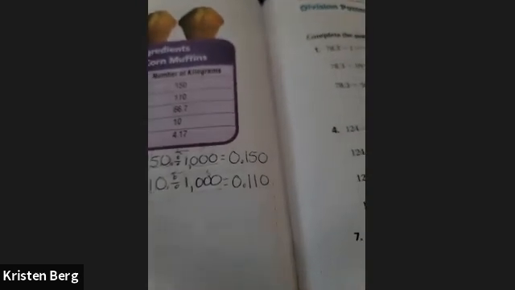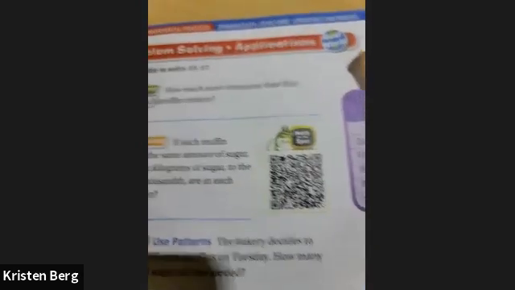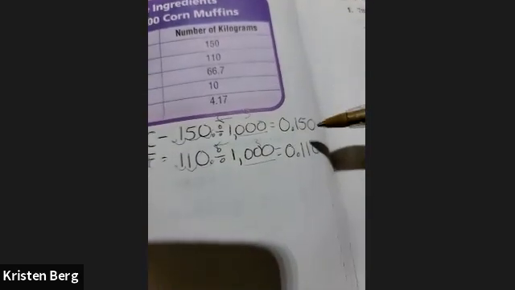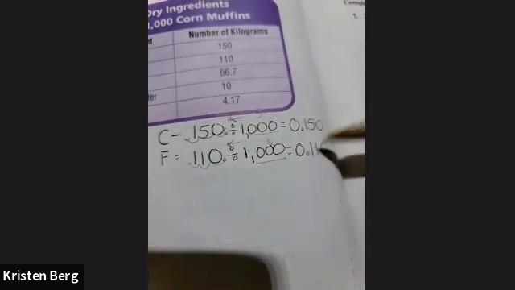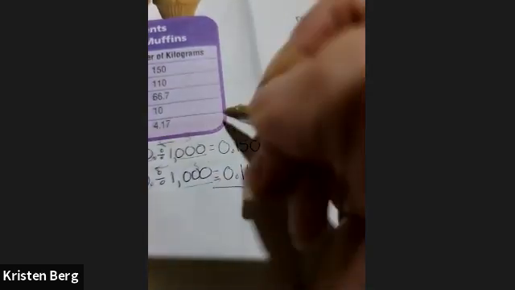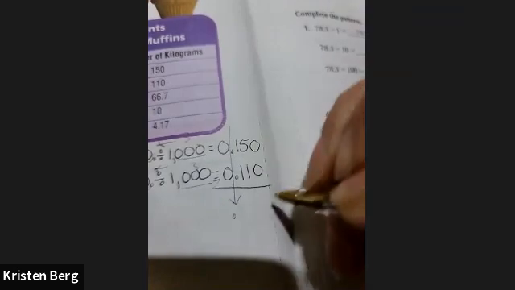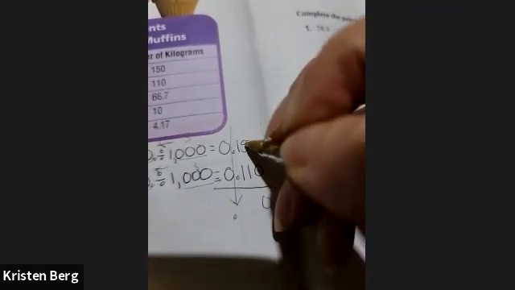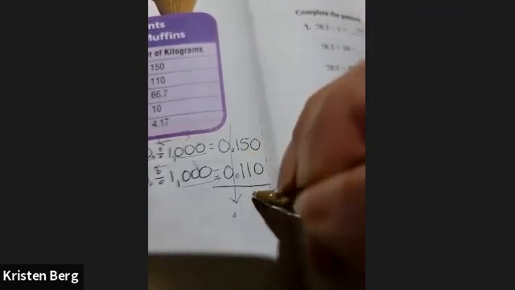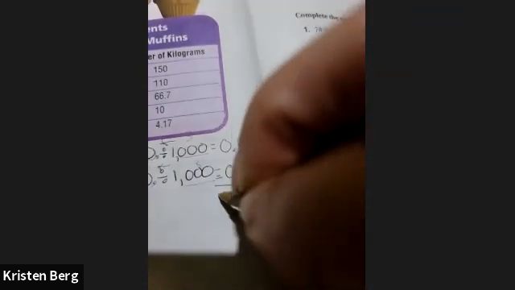So that is how you do that, but it wants to know how much more. In order to figure out how much more they use here than here, you would actually have to subtract these two. If I subtract them, because my decimals are already lined up for me, starting over here, 0 minus 0 is 0. 5 minus 1 is 4. 1 minus 1 is 0.